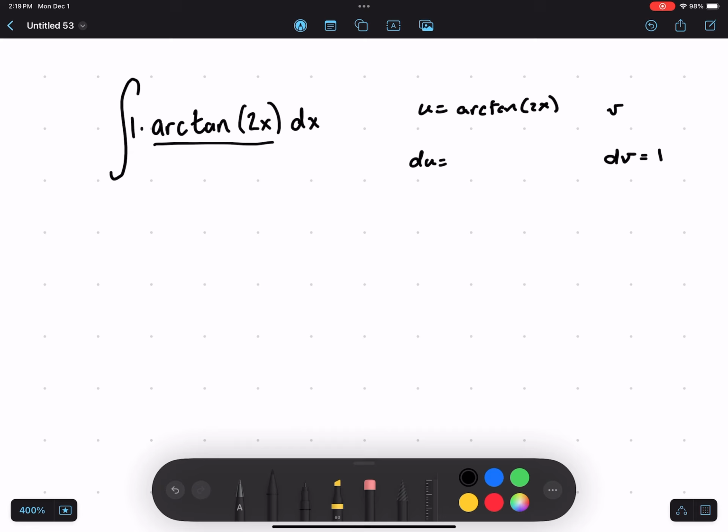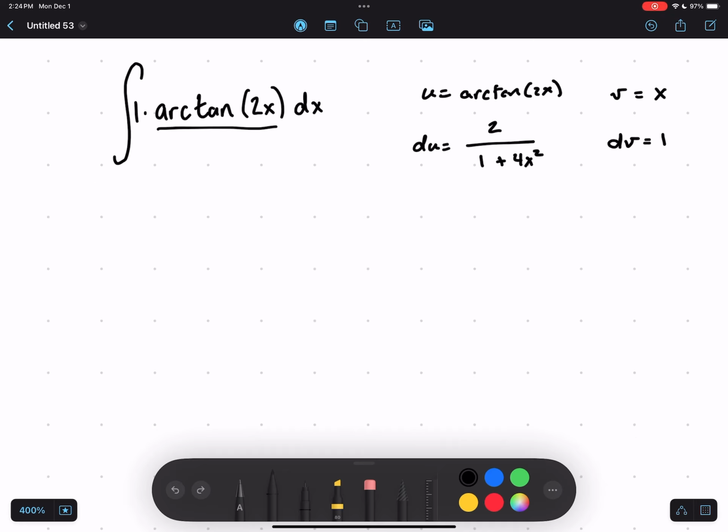And of course, with respect to x, we know that the integral of 1 is just x. And now we just need to solve for the derivative of arctan 2x to find our du. And the derivative of arctan of 2x is 2 over 1 plus 4x squared.